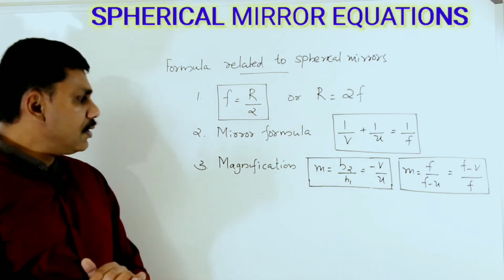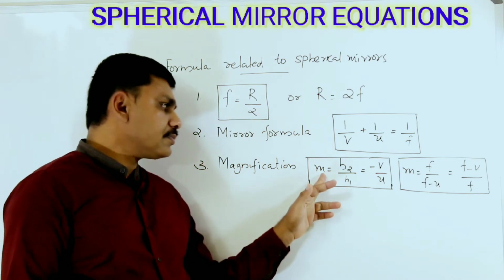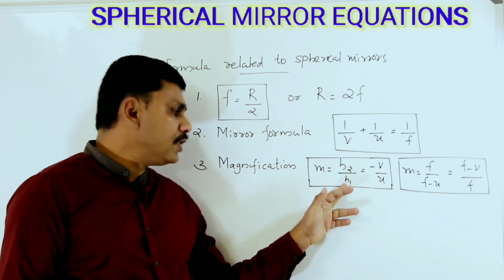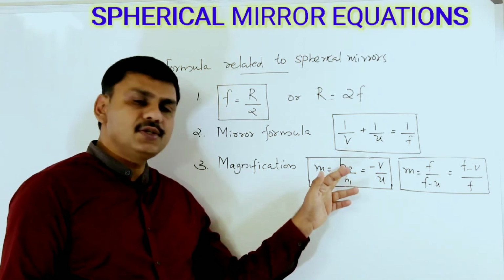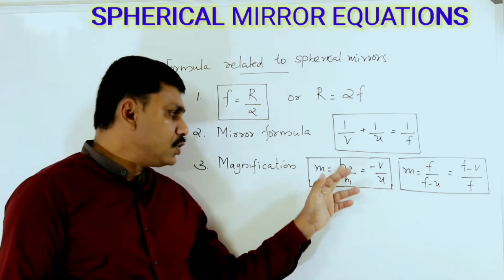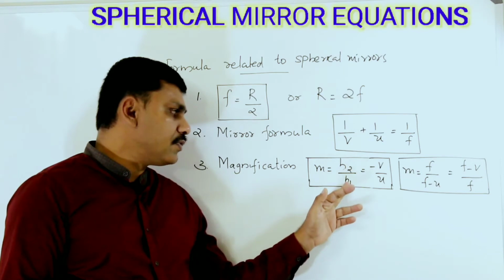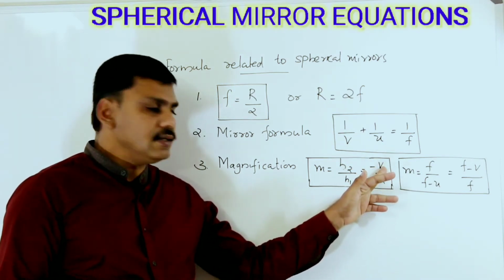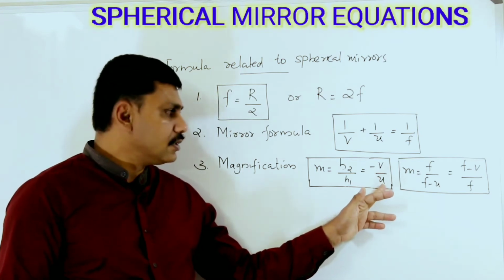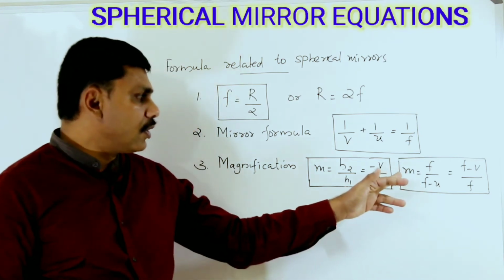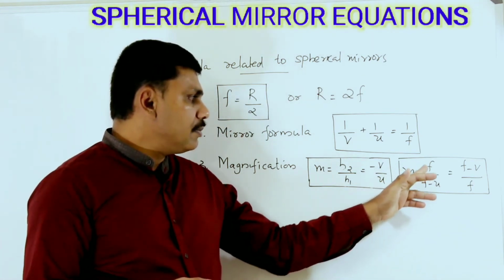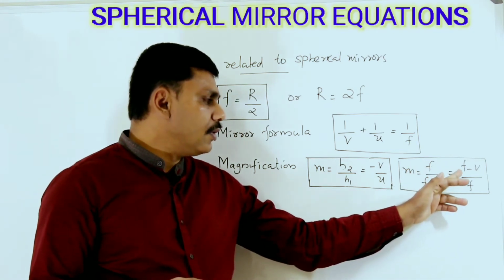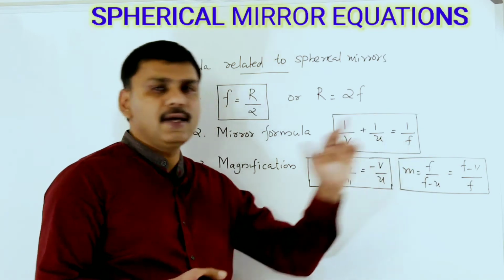How can you find magnification? By the height of the image and the height of the object. h2 is the height of the image, h1 is the height of the object, v is the image distance, u is the object distance. Or there are two more formulas: magnification equal to f divided by f minus u, or f minus v divided by f.